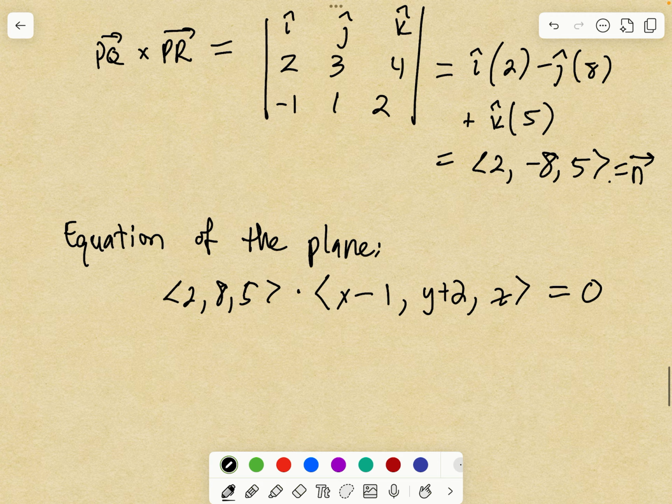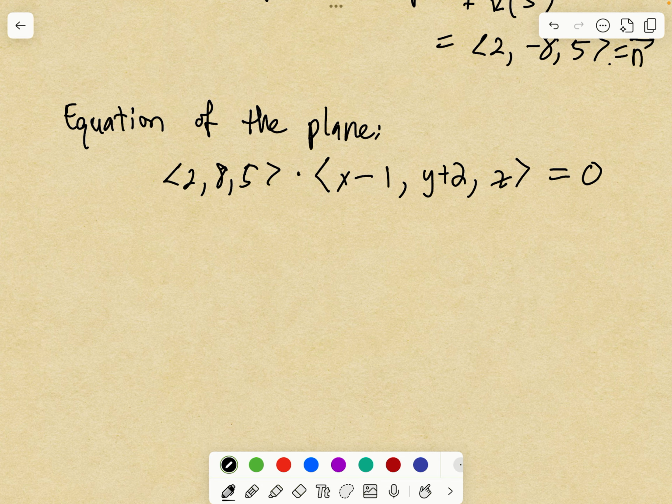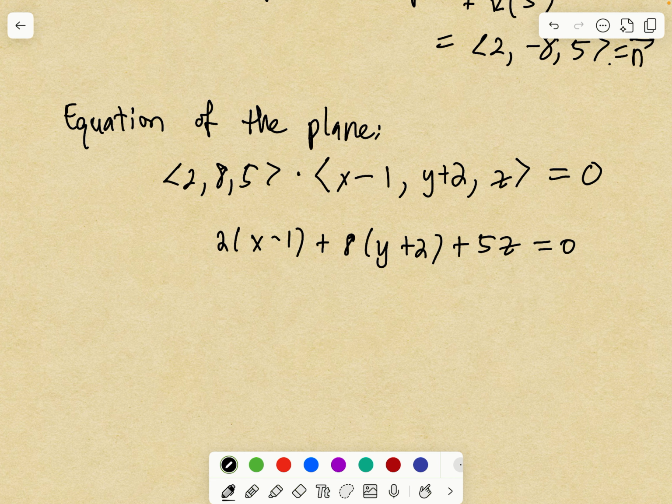So you get this dot product is 0, right? That's what should happen, because this vector should be orthogonal to the normal vector. And now we shouldn't leave it like this, we should distribute. So you get 2 times (x minus 1) minus 8 times (y plus 2) plus 5z equals 0.